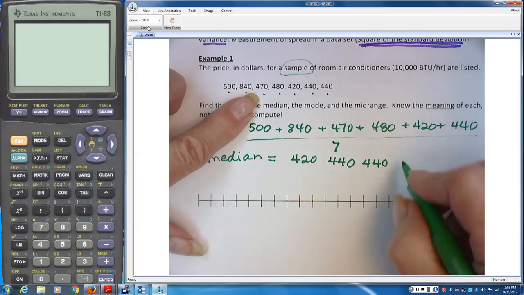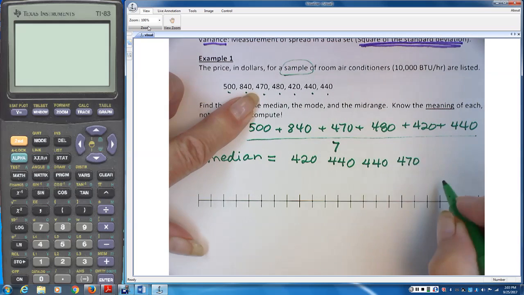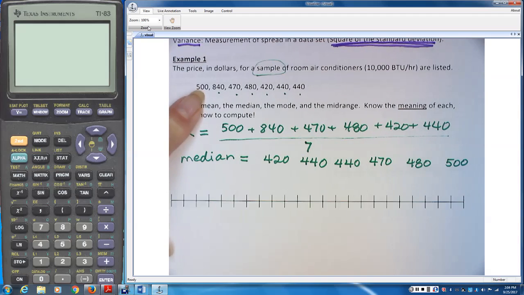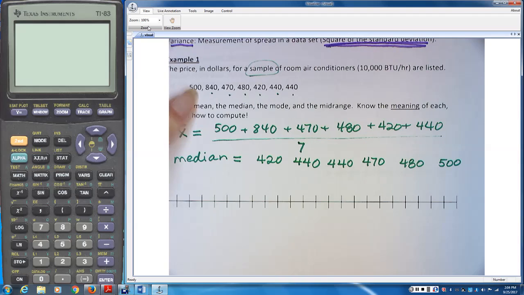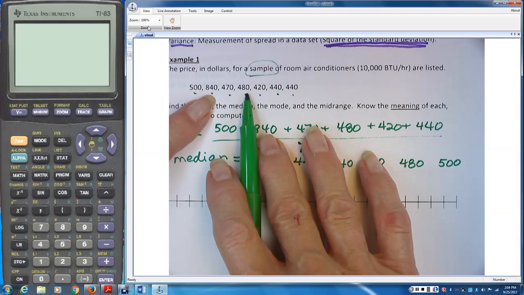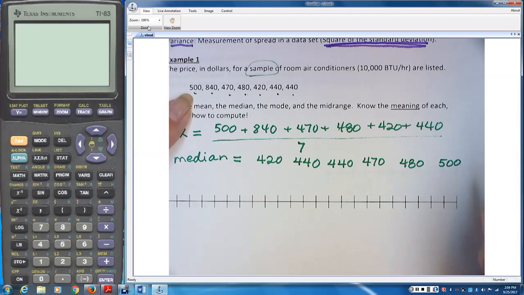And then 470, and then 480, and then 500. And then there's an 840.